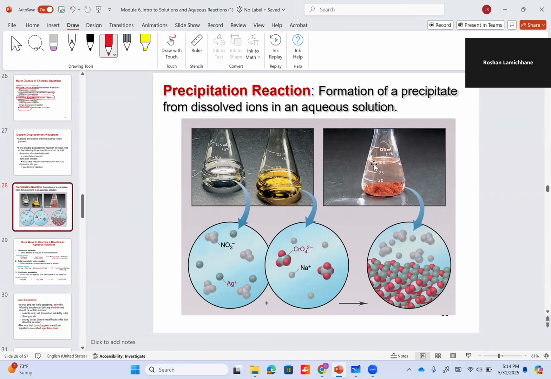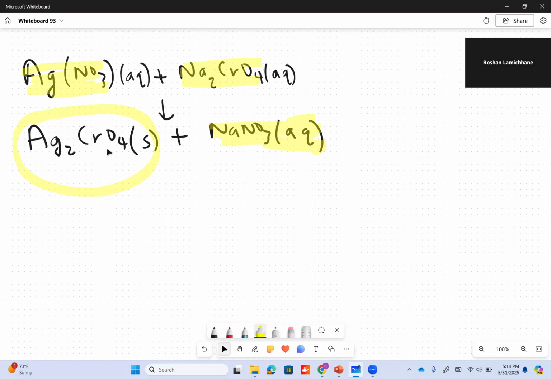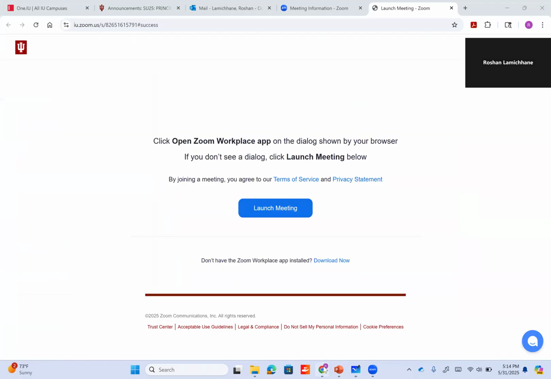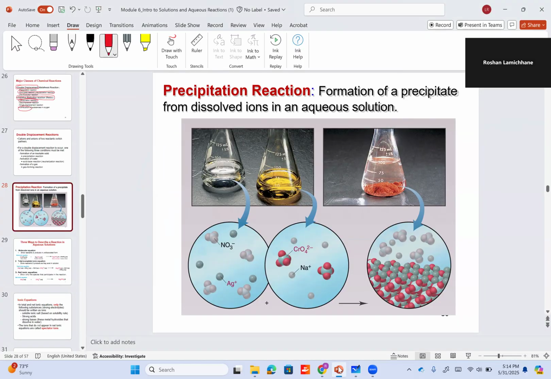You see a clear solution up on top, but I also see some undissolved solid at the bottom. That is called a precipitate. Since a precipitate formed, we call that a precipitation reaction, and that is why this is an example of one. Again, make sure you balance the reaction. I haven't balanced it for you.